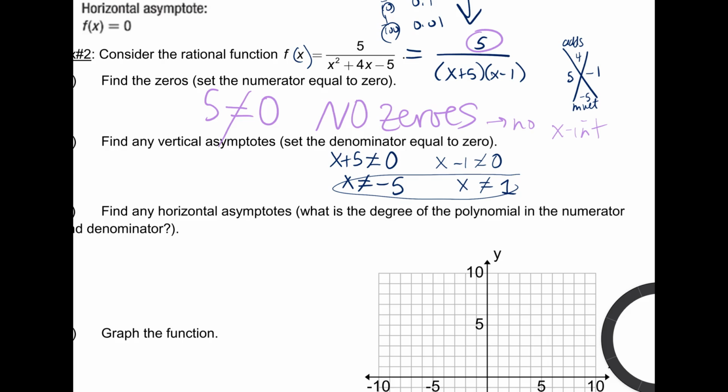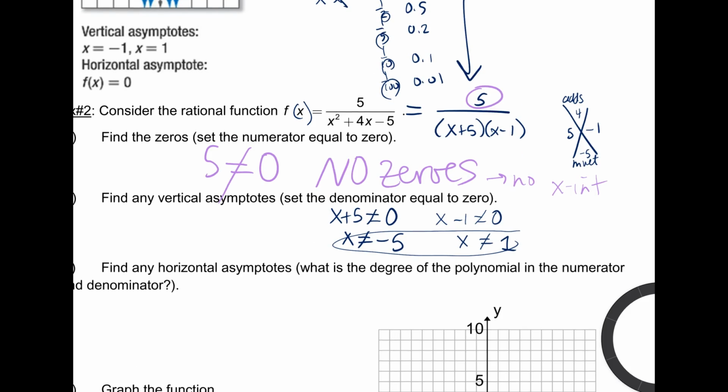And the whole reason is, if I look at the degree on top versus the degree on bottom, what will the horizontal asymptote here be? So you find the zeros. To do that, you set the numerator equal to 0.